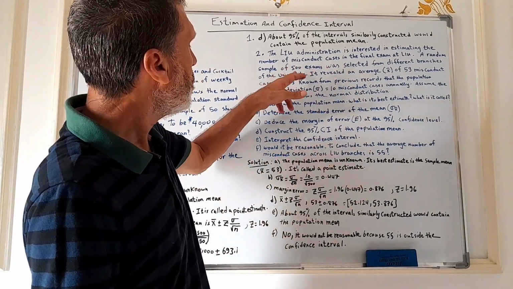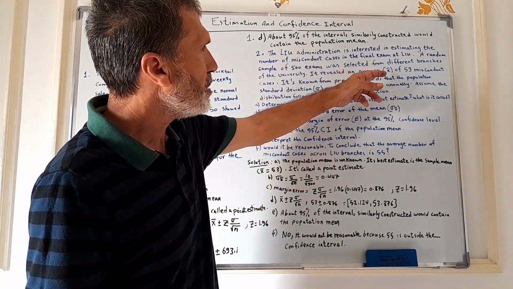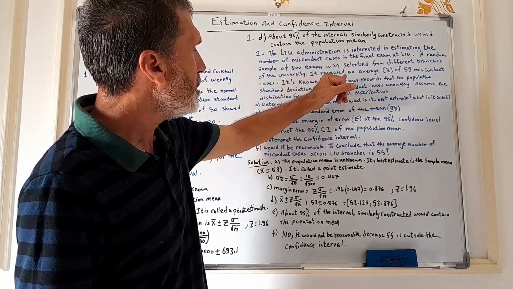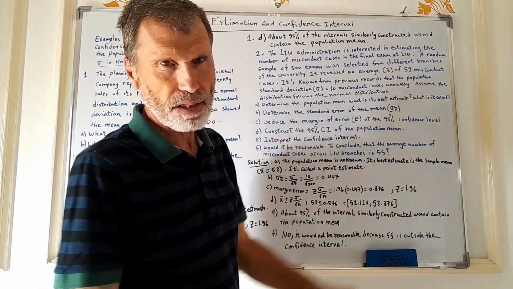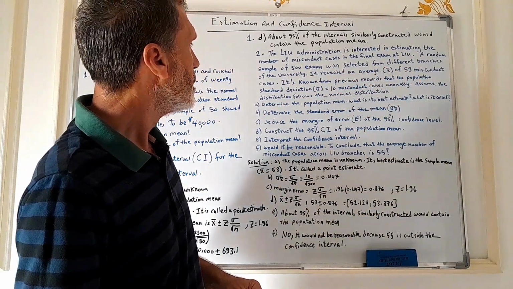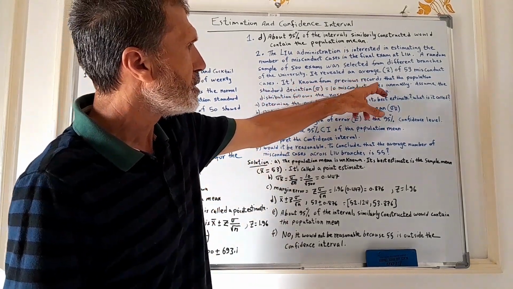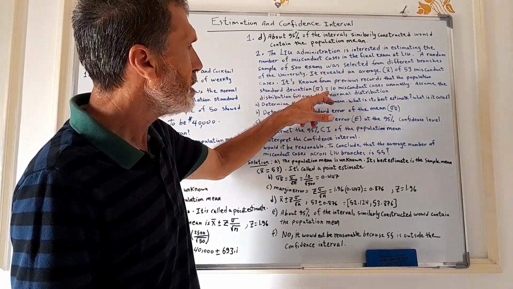A random sample of 500 exams was selected from different branches of the university. It revealed an average X bar of 53 misconduct cases. It is known from previous records that the population standard deviation sigma is 10.